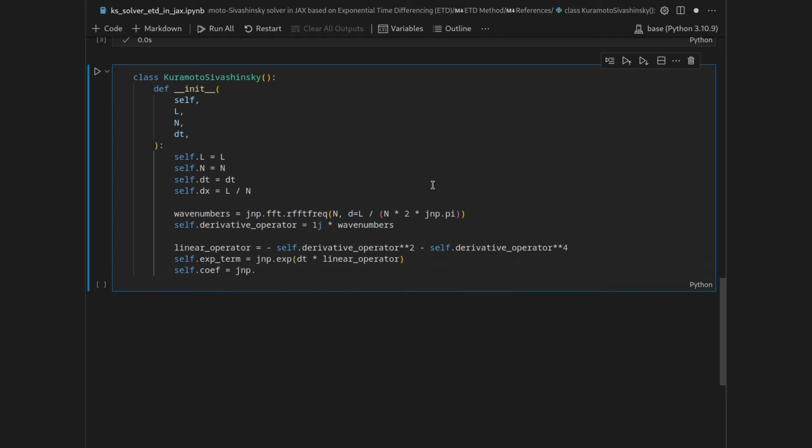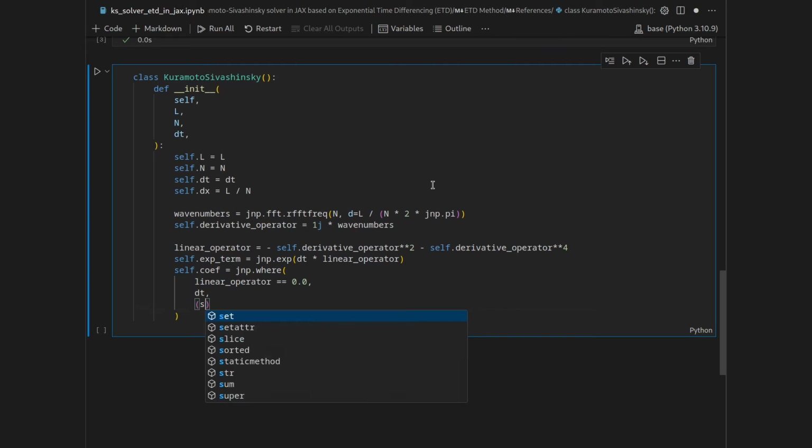So we say jnp.where because we do not want to compute it the same way everywhere. So you want to check where the linear operator is 0, because if that is the case, then we would divide by 0, and in that case we will choose the limiting factor. So if that was the case, we will set the value to dt, and otherwise we will set it to the fraction, which is given by self.exponential_term minus 1.0 divided by the linear operator.